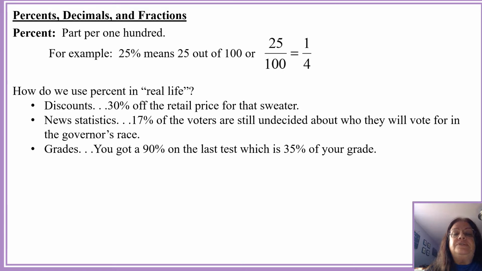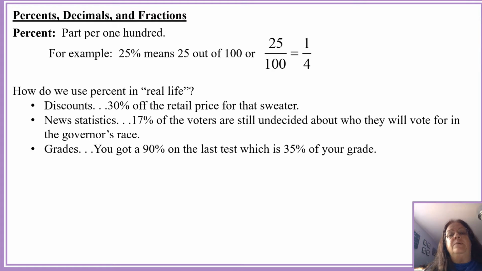Okay, we're learning about percents and decimals and fractions and how to convert back and forth between them. So we know that percent means parts per 100. So 25% would mean 25 out of 100. So that's saying 25% of the population is over the age of 60.